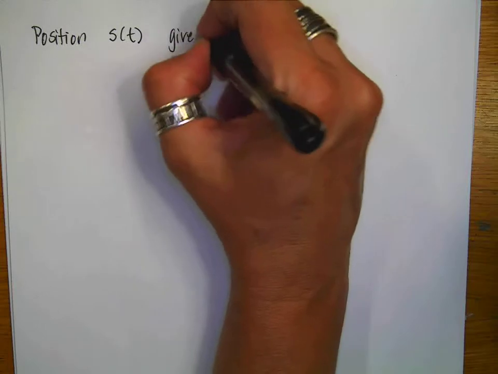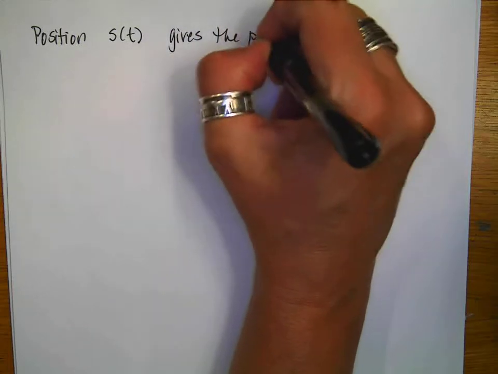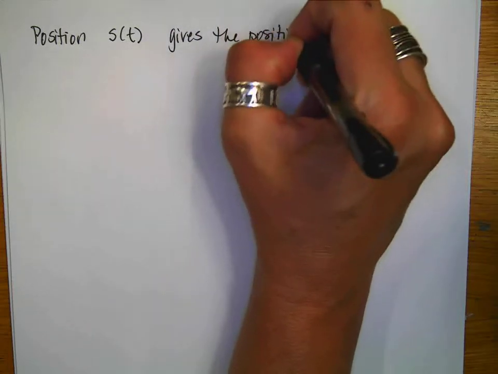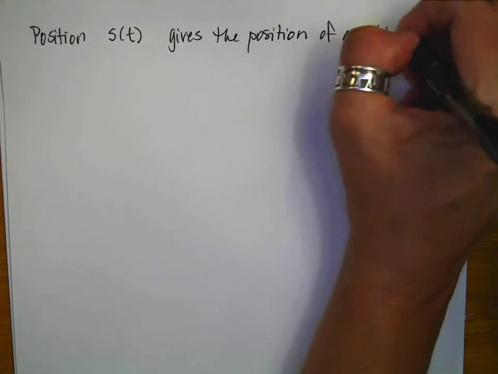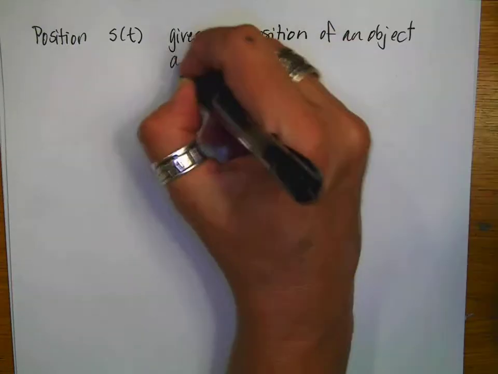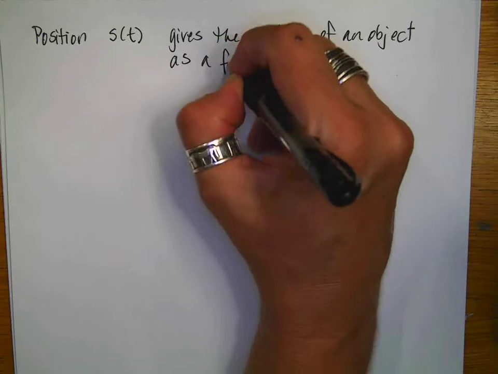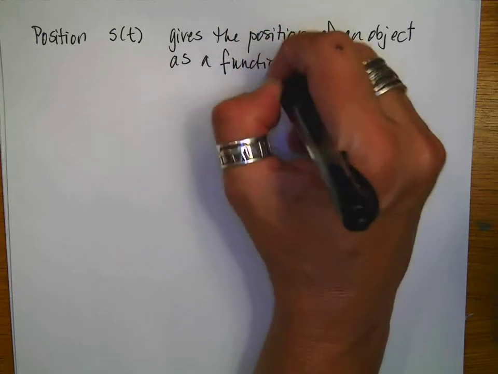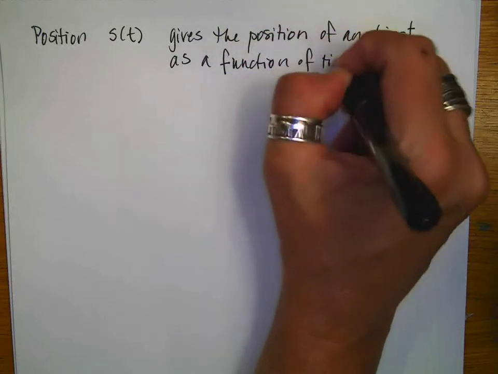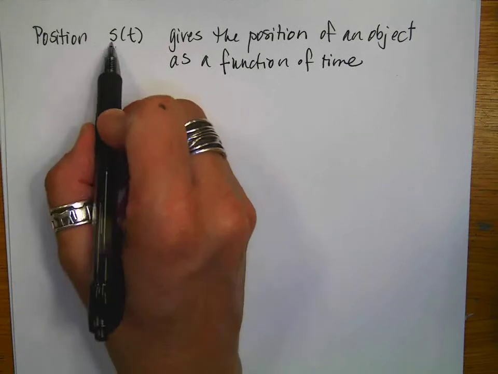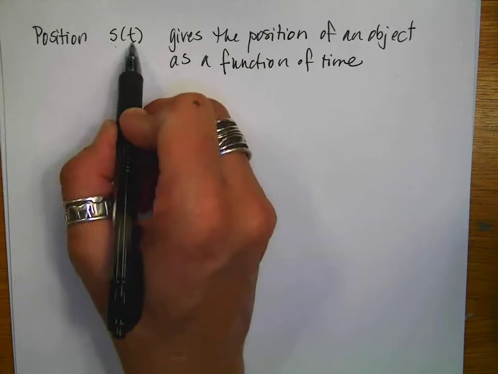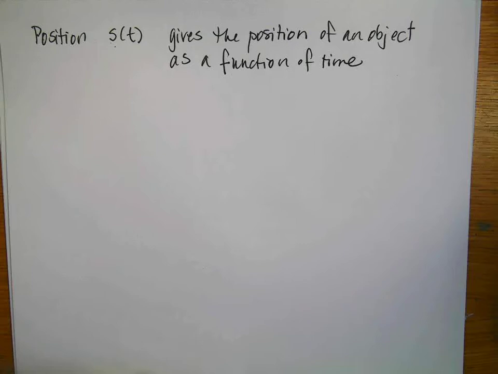So this is going to give the position, think physics, of an object as a function of time. Which means that's why we have this notation s of t. s is the position with respect to time.